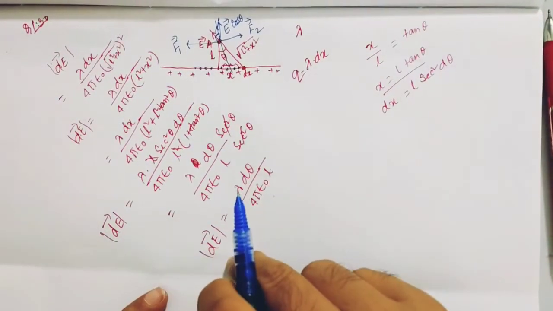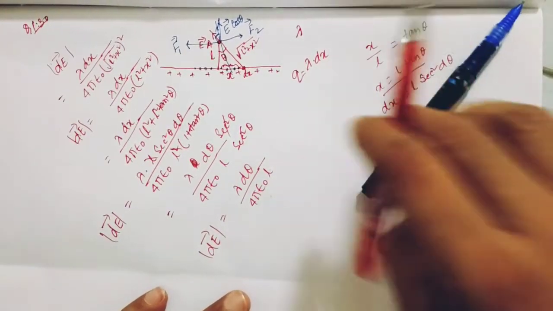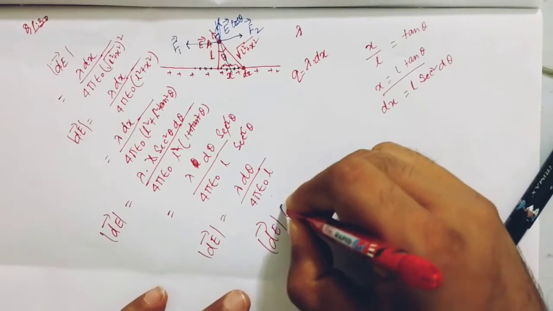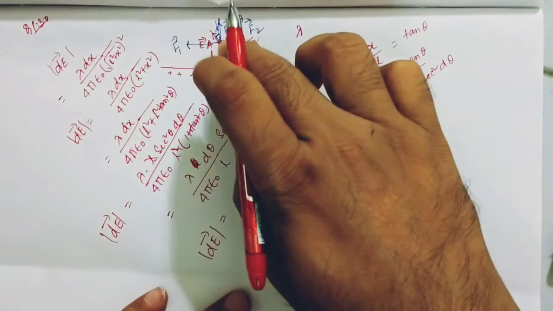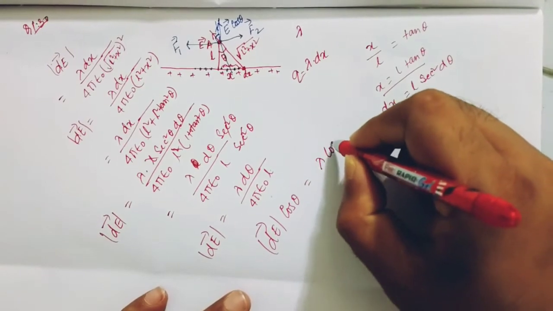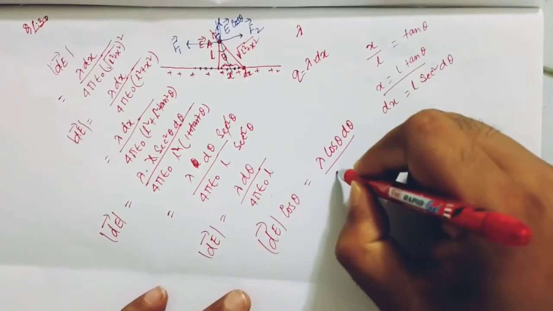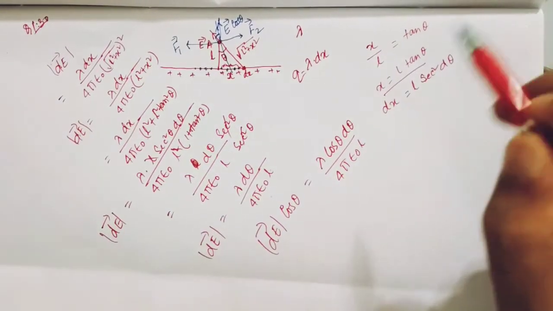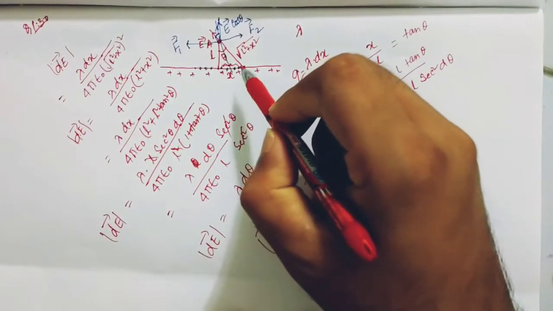So for this component, for D also, dE cos theta will be the effective electric field. So we'll say this will be lambda cos theta d theta over 4 pi epsilon naught L. Now see, this is for a small segment of dx.